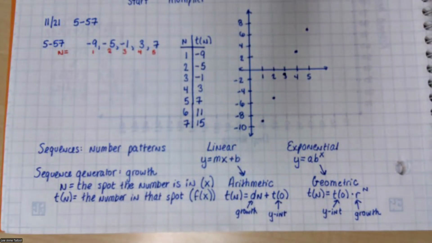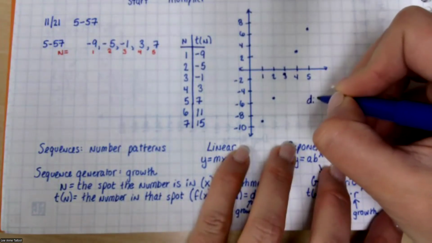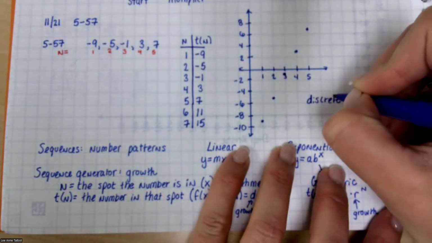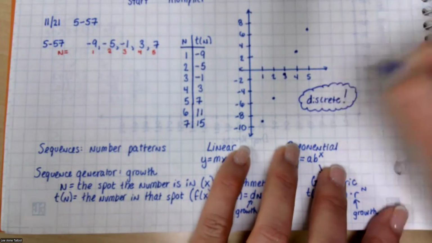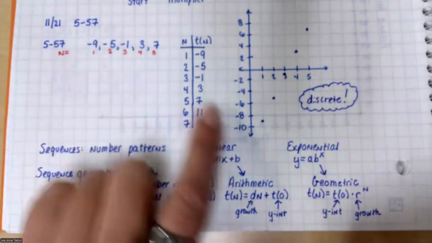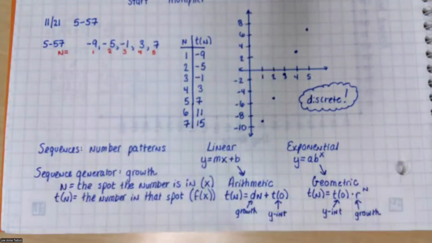That's all that's going to fit on my little graph. Okay, now do not connect the dots. These are supposed to be discrete. Because these are number patterns, there are no numbers between these. So do not draw the line.